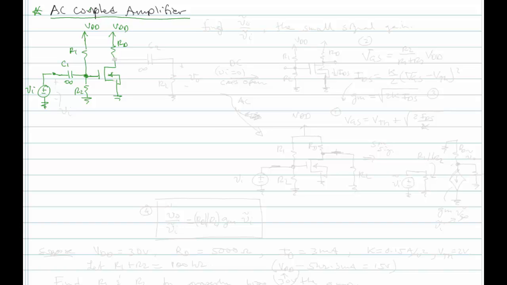That's our input signal. And then on the output, we're going to AC couple our output as well. So this is a new part. We haven't looked at this before. We'll put a big capacitor here, and then we're going to put a load. Okay, and we'll call this VO, and this will be VI.